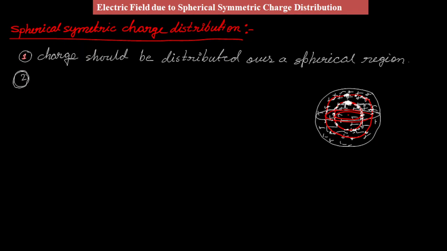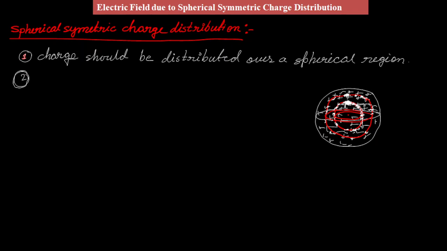At different points on this surface the values of theta and phi are different, but the charge density is the same. So we can say that the charge density is independent of theta and phi. Next, if I calculate the charge density on the first surface and then on the second surface, they may or may not be the same.